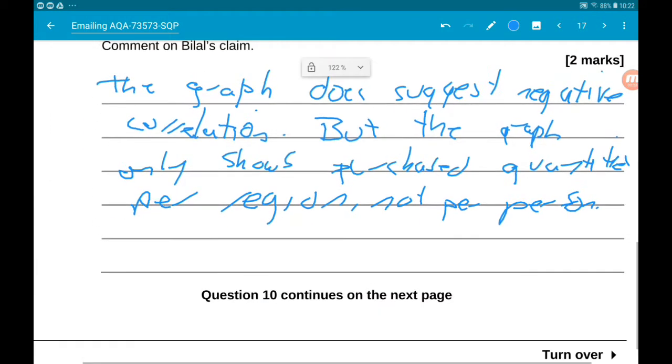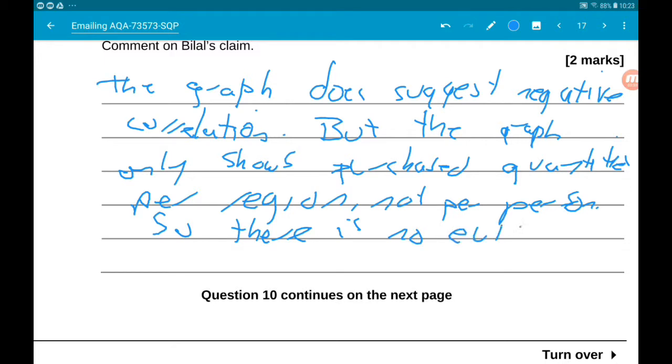So there is no evidence to support his claim.